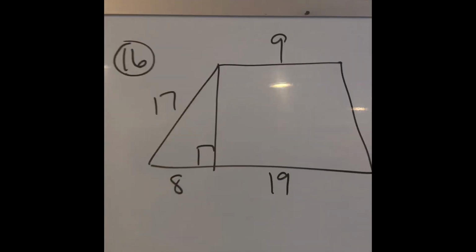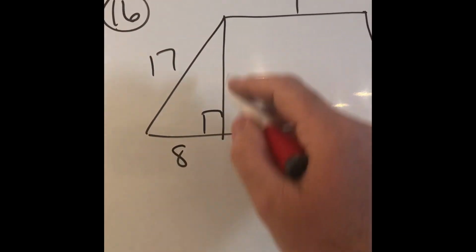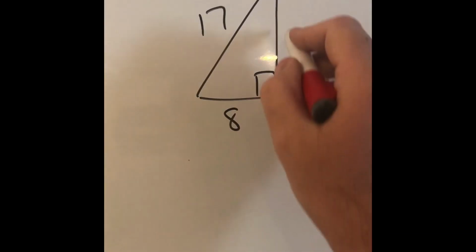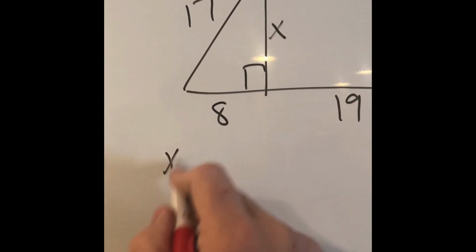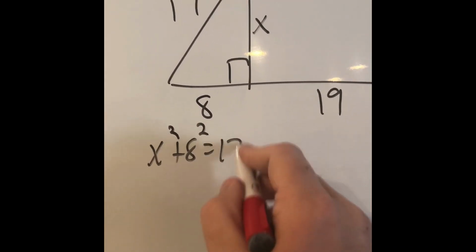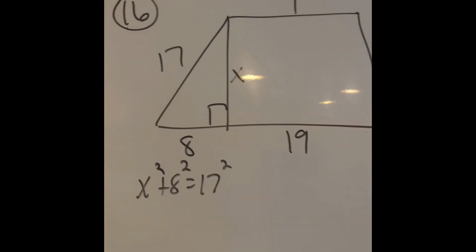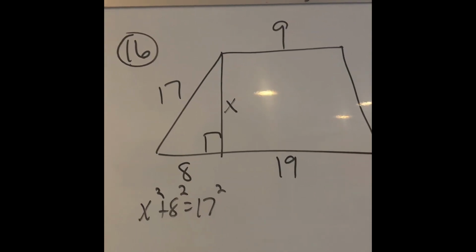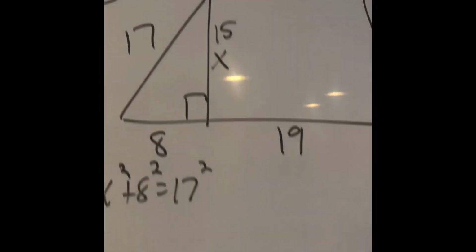Number 16 here. I don't have a height, but I have this right triangle here. So I can do Pythagorean theorem to find my height, x or h, whatever you want to call it. So that would be x squared plus 8 squared equals 17 squared. And then you can find your x that way. Or I see that that's the 8, 15, 17 family. So my height's going to be 15.